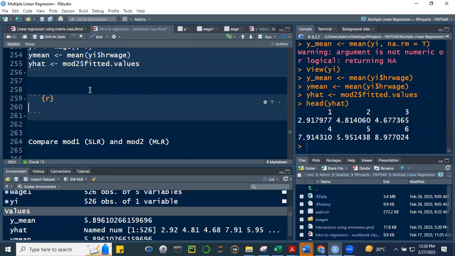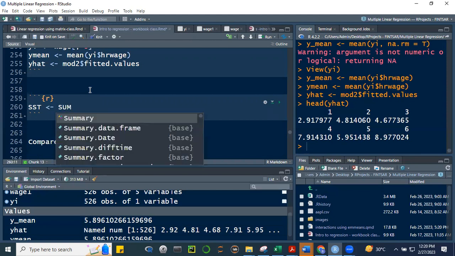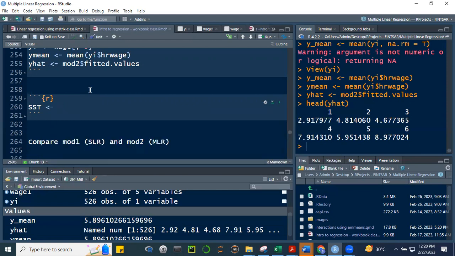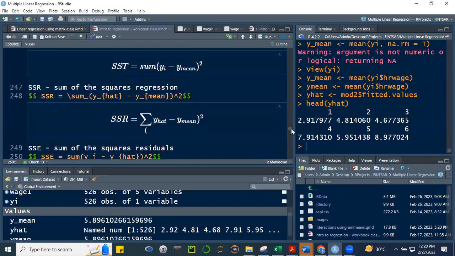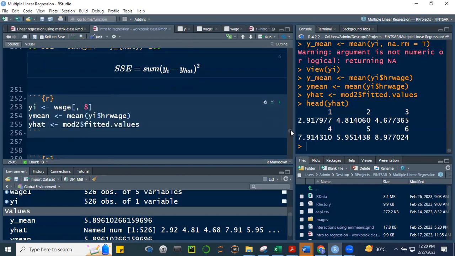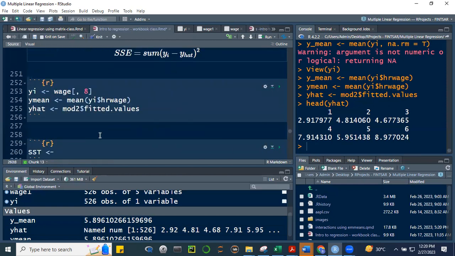Control-Alt-I. So our SST will be equal to, okay. So sum natin yung, una muna, ano yung formula ng SST? Ito. Yung actual minus the average, di ba? So, yung actual natin is YI minus average natin Y mean.